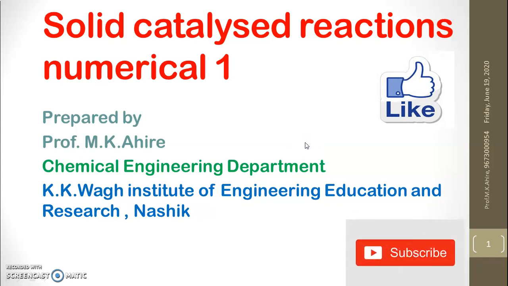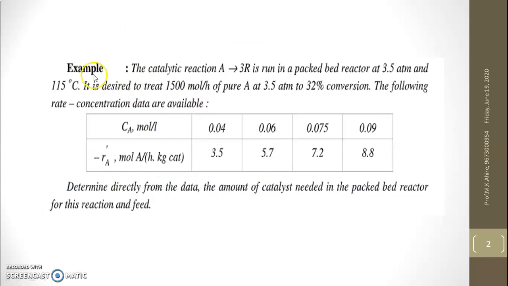Let us have one numerical for discussion. Here the catalytic reaction is A giving 3R. It is carried out in a packed bed reactor at 3.5 atmosphere and 115 degrees centigrade.